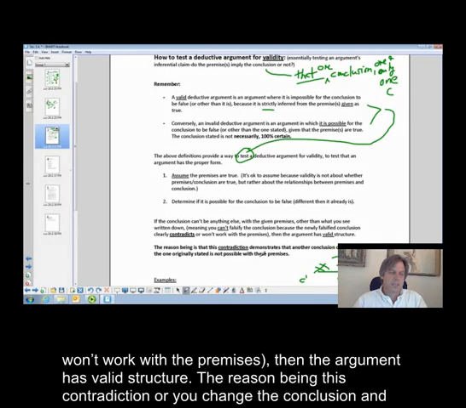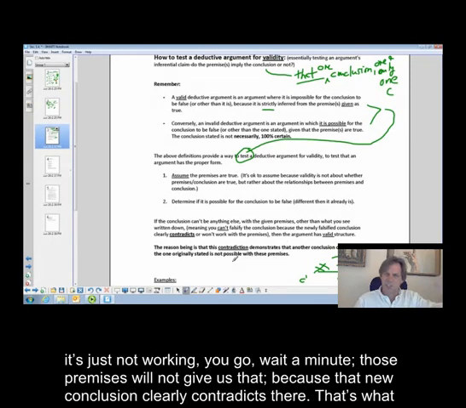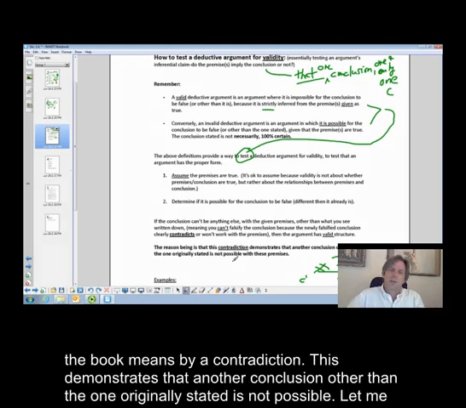The reason being is that this contradiction, or you change the conclusion and it's just not working, you go, wait a minute, those premises will not give us that, because that new conclusion clearly contradicts there. That's what the book means by a contradiction.